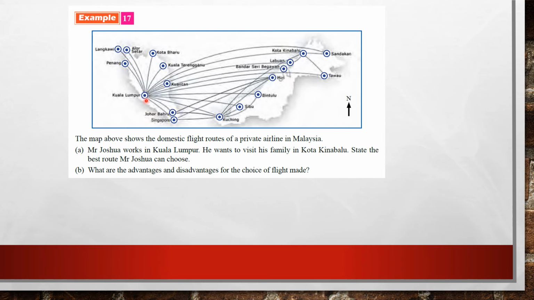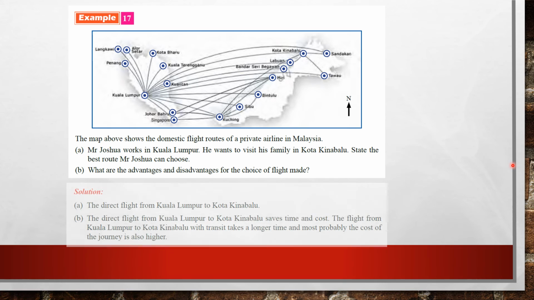So from Kuala Lumpur, he wants to go to Kota Kinabalu. So we take the straight route here, no need to go to other places. We just take the straight route from Kuala Lumpur to Kota Kinabalu. So we look at the answer for part A, the direct flight from Kuala Lumpur to Kota Kinabalu. That will be the economical choice.